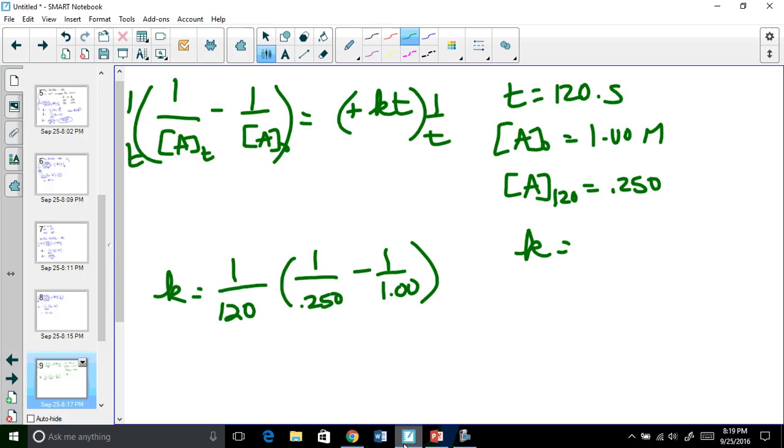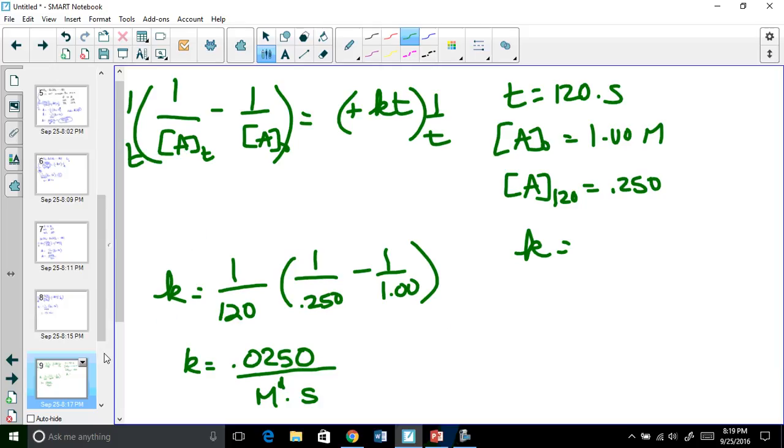Oh, I remember when I was doing this last year. K is equal to 0.025, but you've got to add a 0 because everything is 3 sig figs and that one doesn't count. And the unit is molarity times second. Why? Because it's second order and 1 less than 2 is 1.